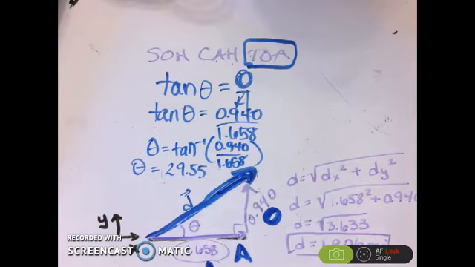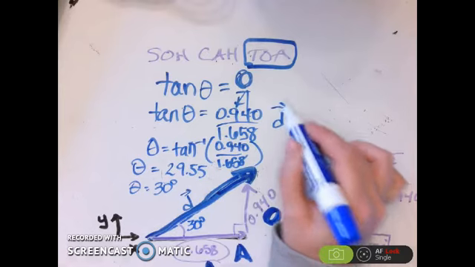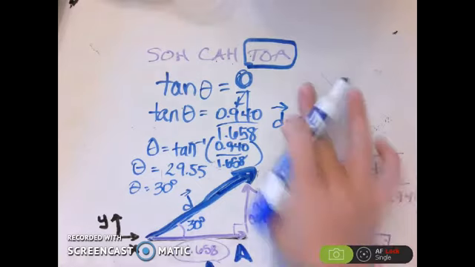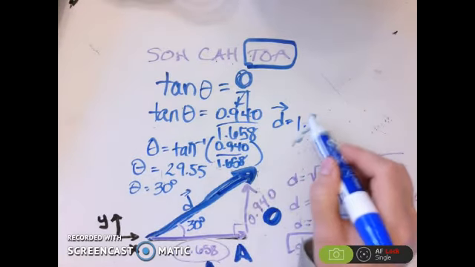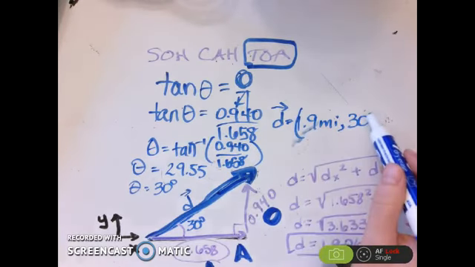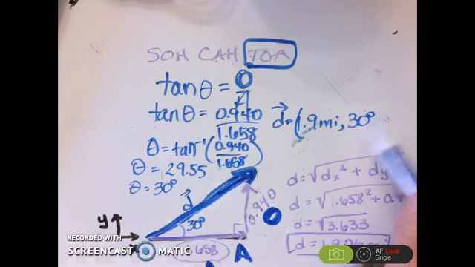When we plug that into our handy dandy calculator, we get 29.55 degrees. So our angle is approximately 30 degrees here. And now we know our vector. The magnitude of it is 1.9 miles, comma, 30 degrees. When we don't specify, 30 degrees always means up from the positive x-axis.